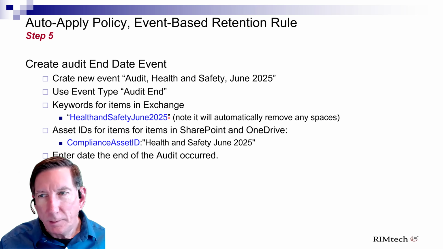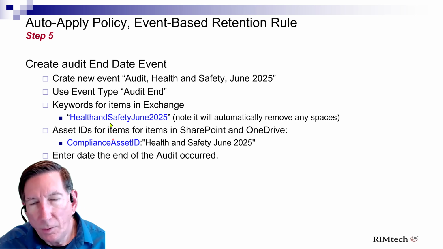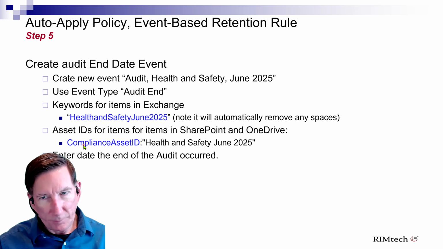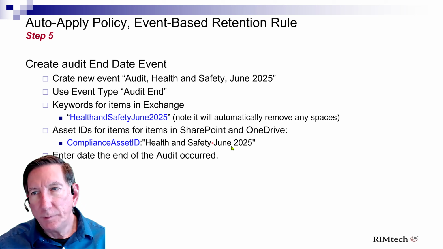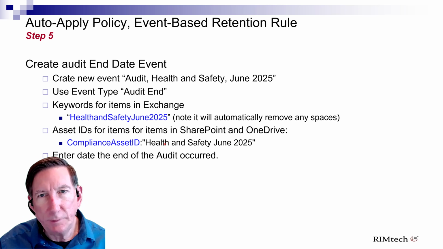And it has to be spelled exactly, perfectly, correctly each and every time, or it won't associate it with the case. Okay. So similarly for SharePoint, every document must have the same compliance asset ID column, Health and Safety, June 2025. And every document must contain that exact string spelled exactly correctly each and every time.